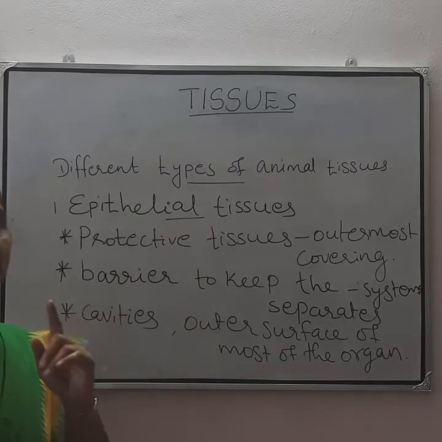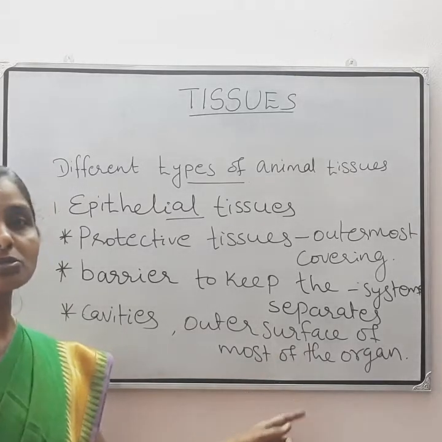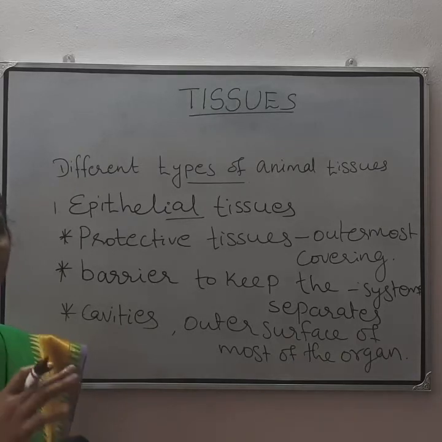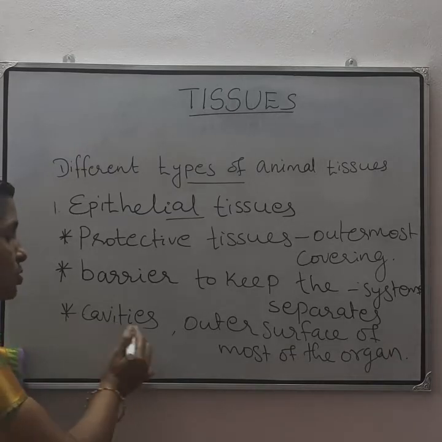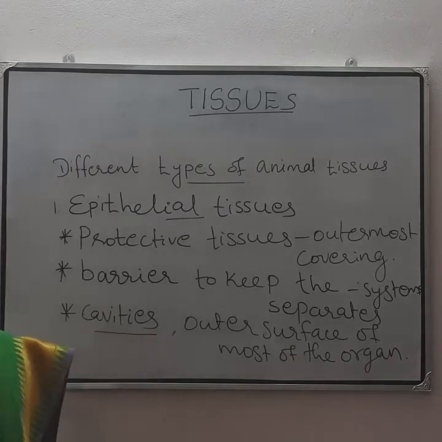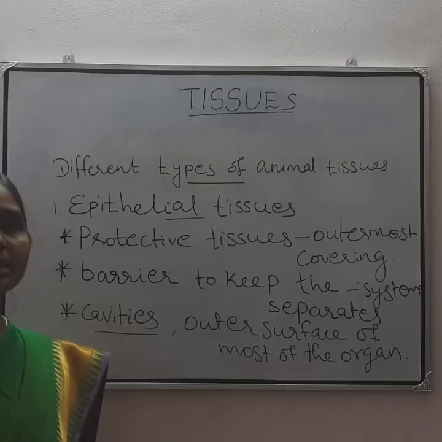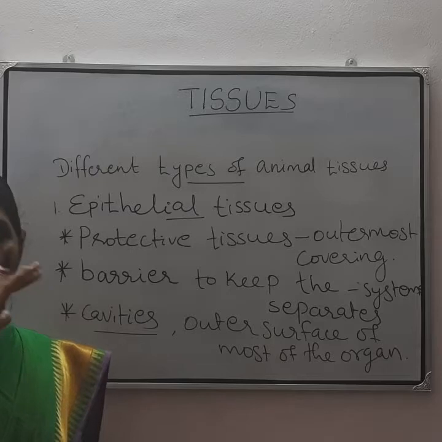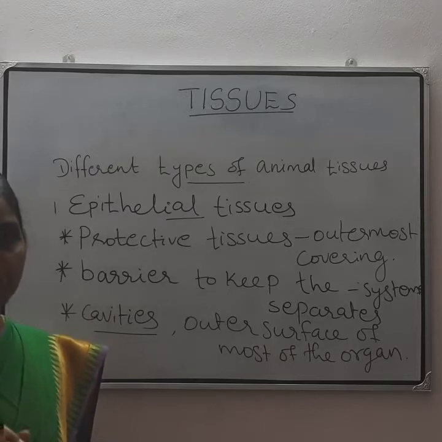Similarly, these epithelial tissues are also found on the outer surface of most of the organs like lungs, heart. And they are also found inside the cavities, such as the chest cavity, abdominal cavity or buccal cavity. The outer surface of these cavities is also made up of epithelial tissues.